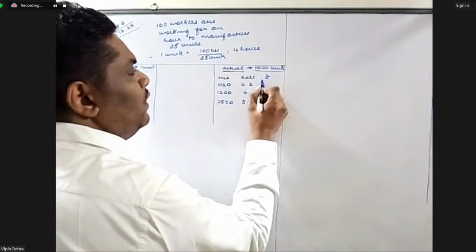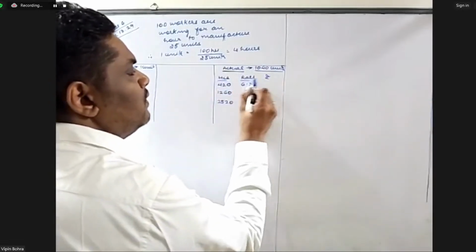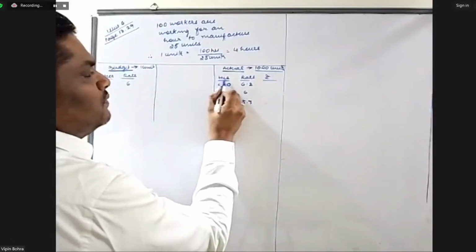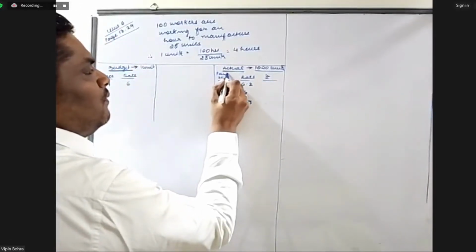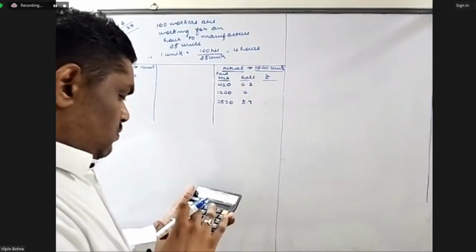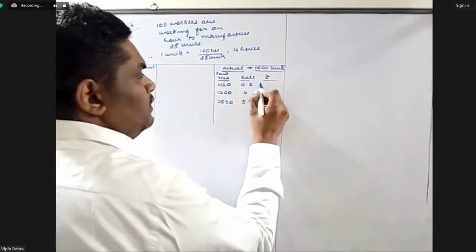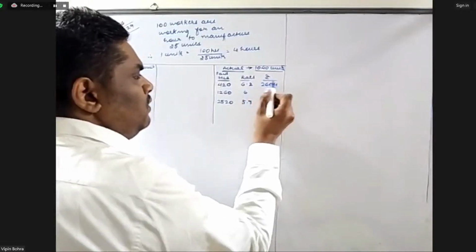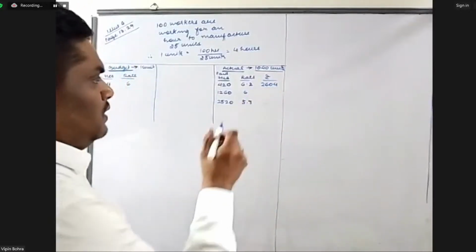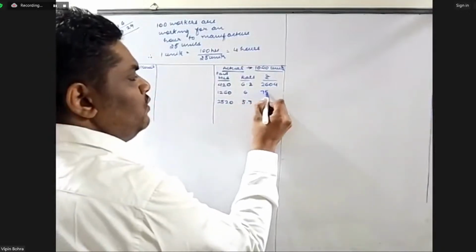So the total amount will be 2604 and 7560.